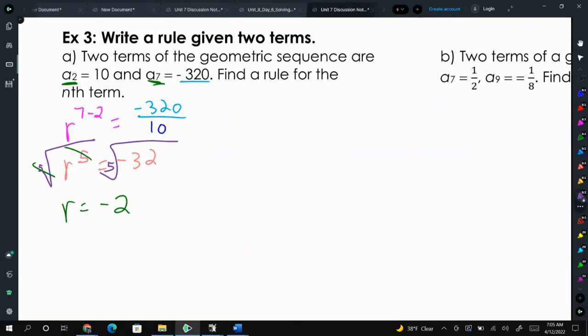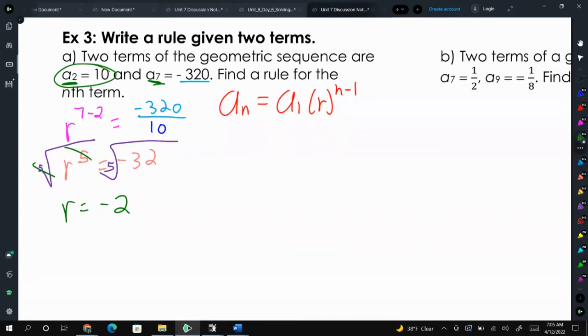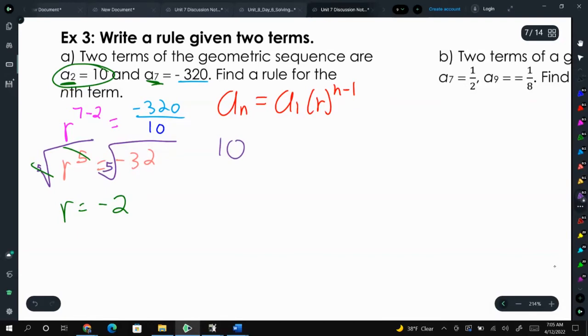So we need to find the first term. Our general rule for a geometric sequence is a sub n equals a sub 1 times r to the n minus 1 power. Now we're going to plug in one of our points. I'm going to plug in the smaller one, since those are easier numbers to work with. So a sub 2, which is 10, is equal to a sub 1 times the rate, which is negative 2, raised to the n minus 1 power.